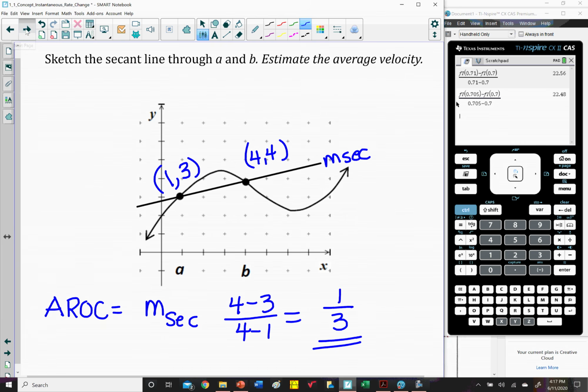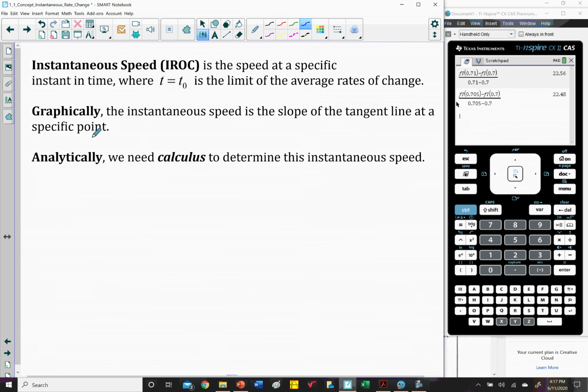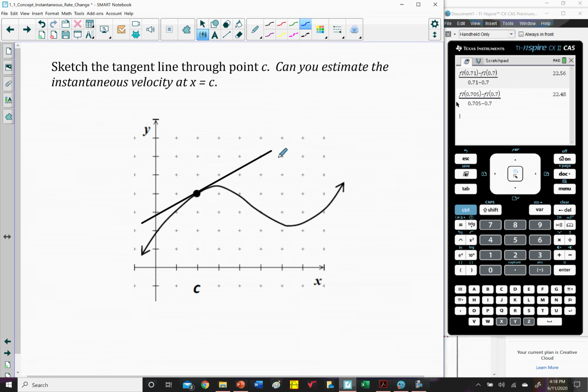While instant velocity is the slope of the tangent line, and we need calculus to determine that exact answer, but we can estimate it. And again, I've drawn my tangent line here. I want the slope of that tangent line, and it looks like I've hit a point here, and I want the slope right here, which is at (2, 4).